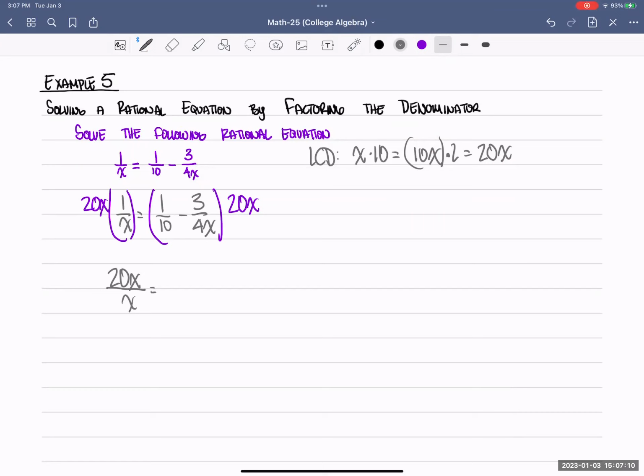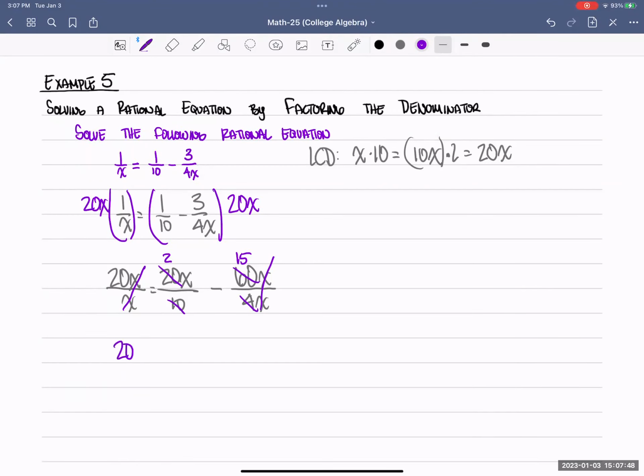Here we have 1 times 20x, that's 20x over 10, minus 3 times 20x is 60x divided by 4x. Here the x's divide out, 20 divides out with 10 two times, the x's divide out, and 60 divides out with 4 fifteen times.